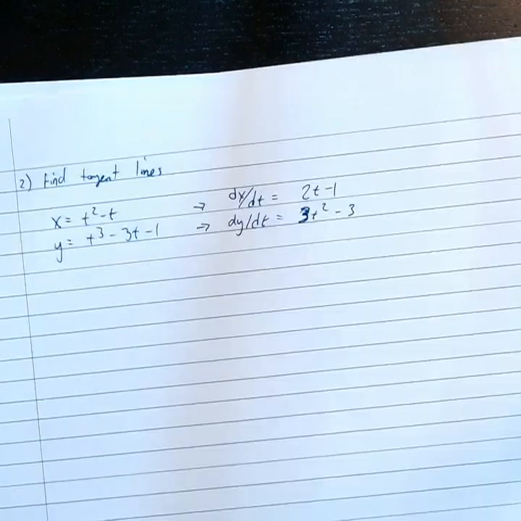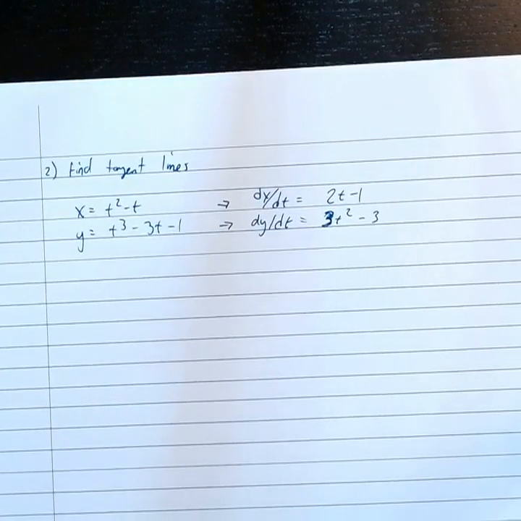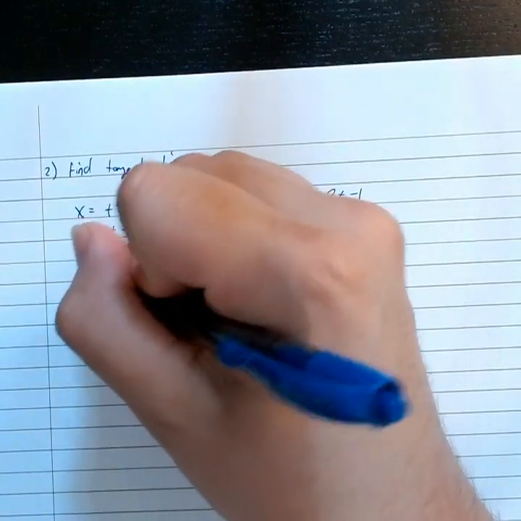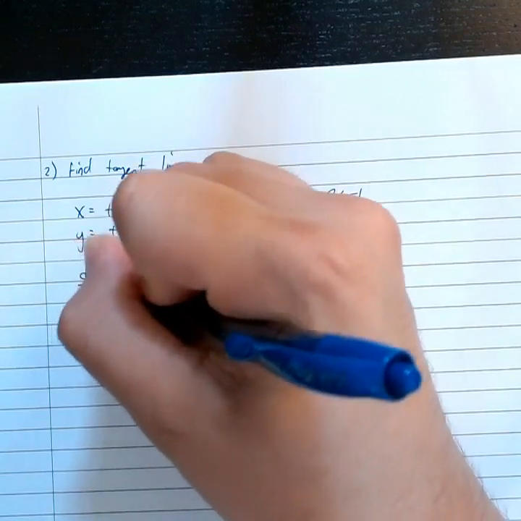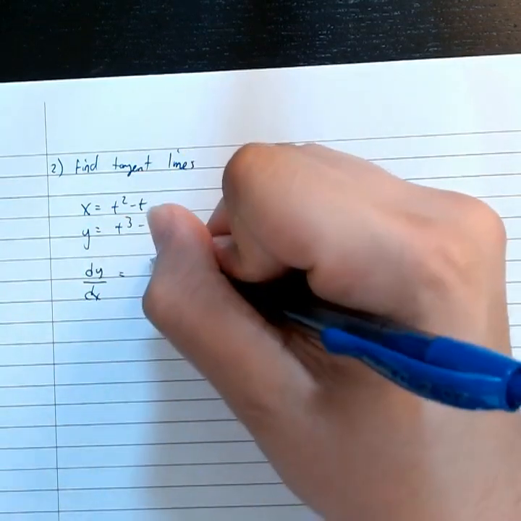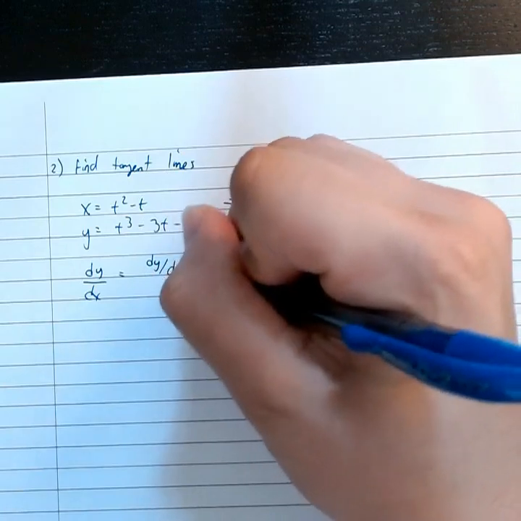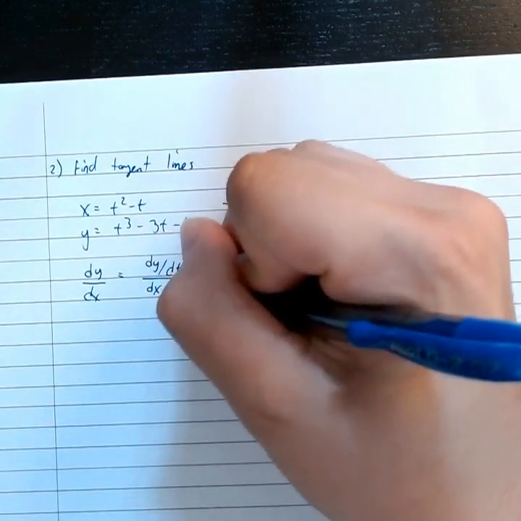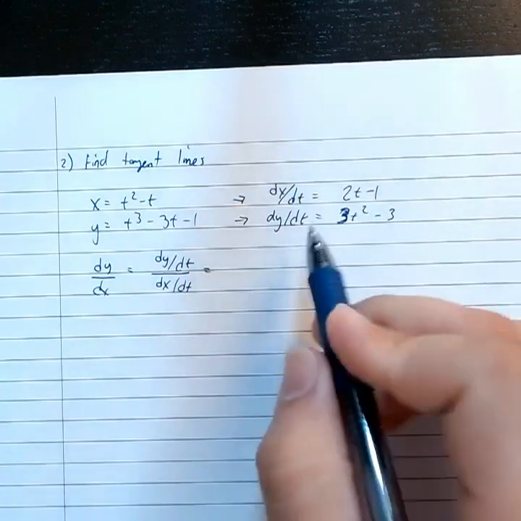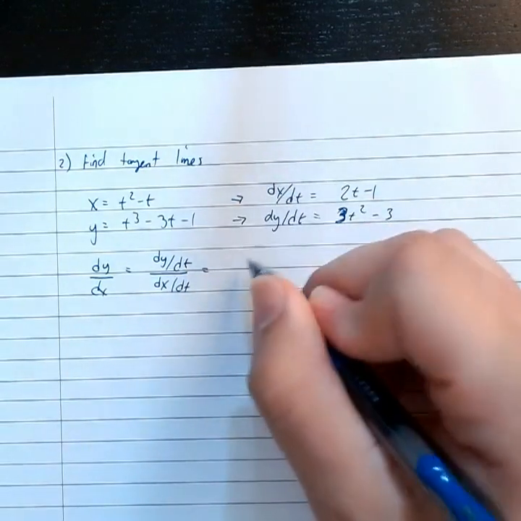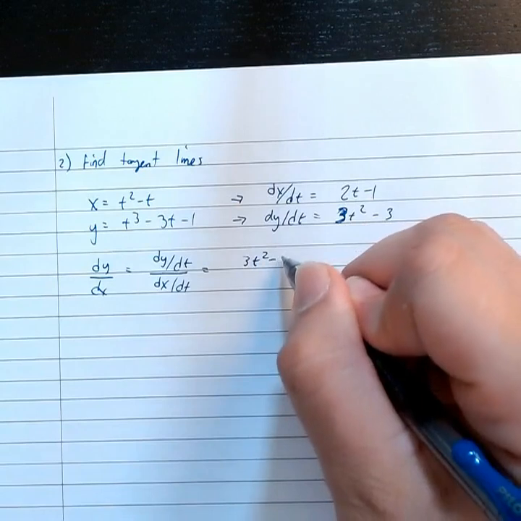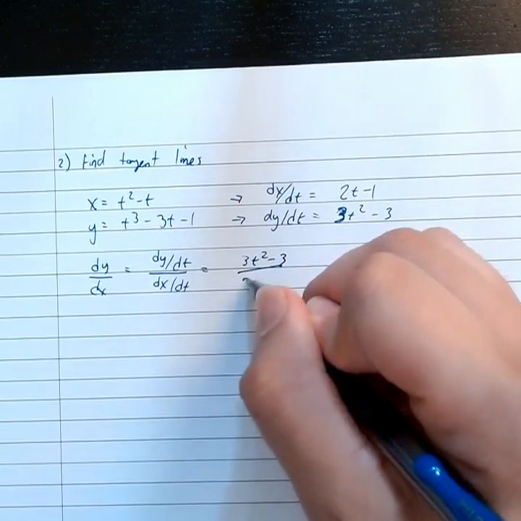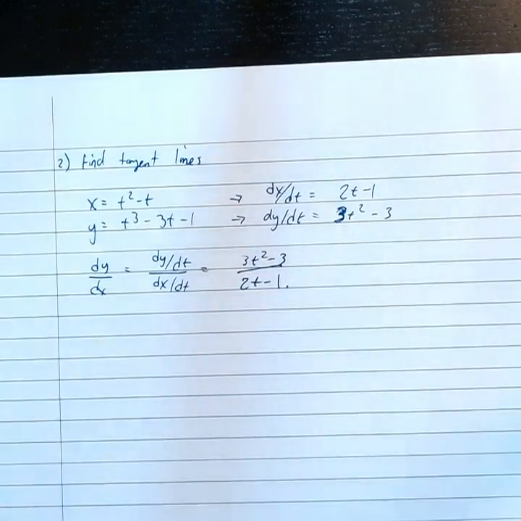Okay, so there are dy dt and dx dt. So by our theorem, dy dx is going to equal dy dt over dx dt, which is going to be 3t squared minus 3 over 2t minus 1. And that's it.